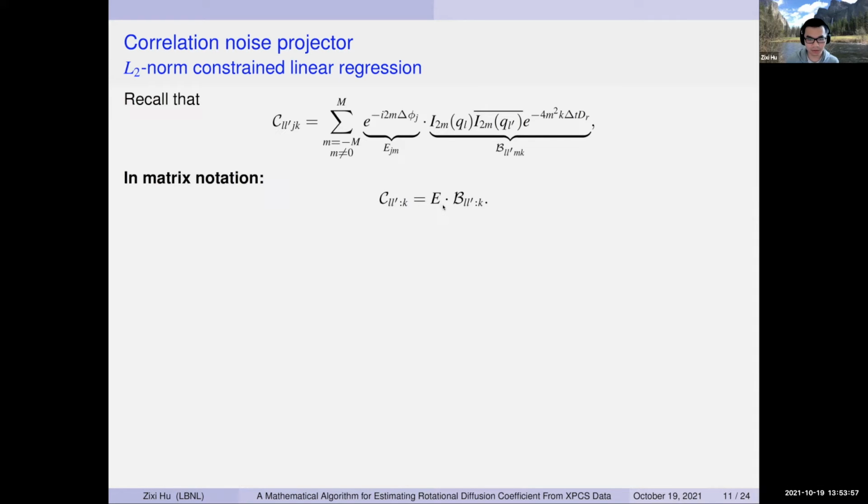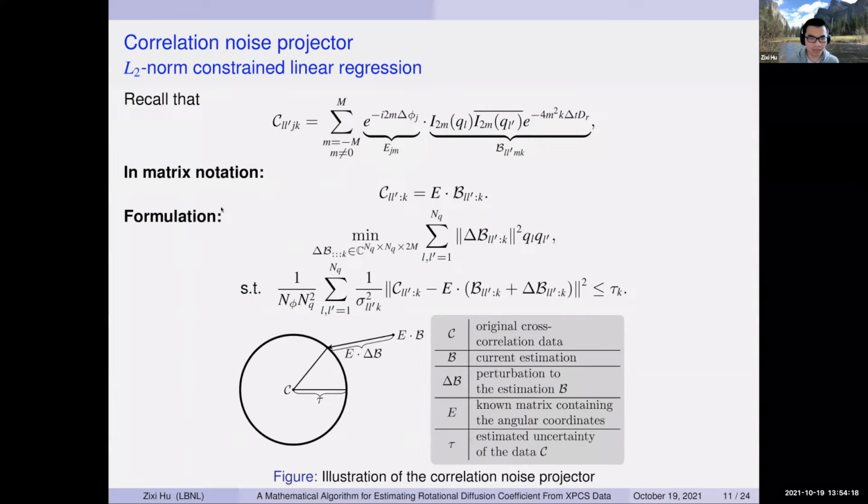It is also known. So the only unknown in this linear system is B. So as long as the number of delta phi, N phi, is larger than 2N, this system is overdetermined, and so it can be solved by many methods such as linear regression. Here we formulate the solver of this linear system as the Tikhonov regularization, which is an L2 norm constrained linear regression. Here is the illustration.